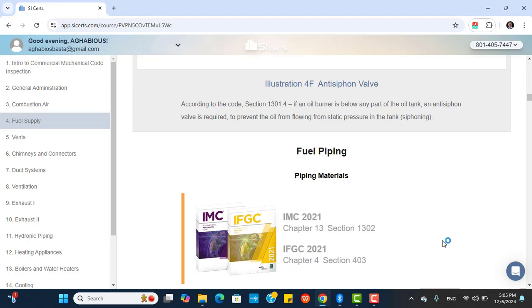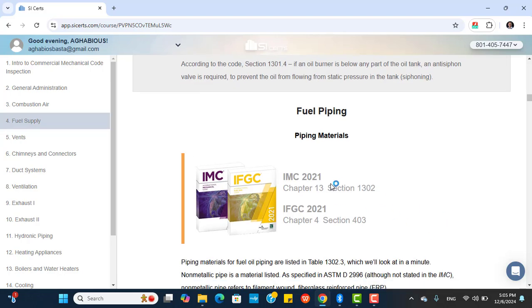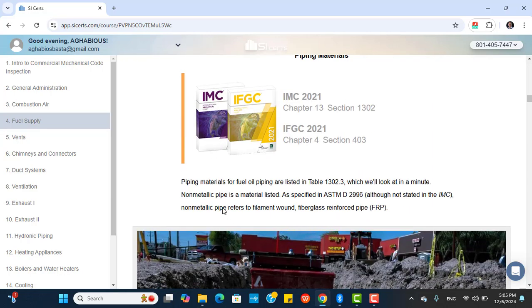Fuel piping material: International Mechanical Code 2021, Chapter 13, Section 1302, and International Fuel Gas Code 2021, Chapter 4, Section 403. Piping materials for fuel oil piping are listed in Table 1302.3, which we will look at in a minute.